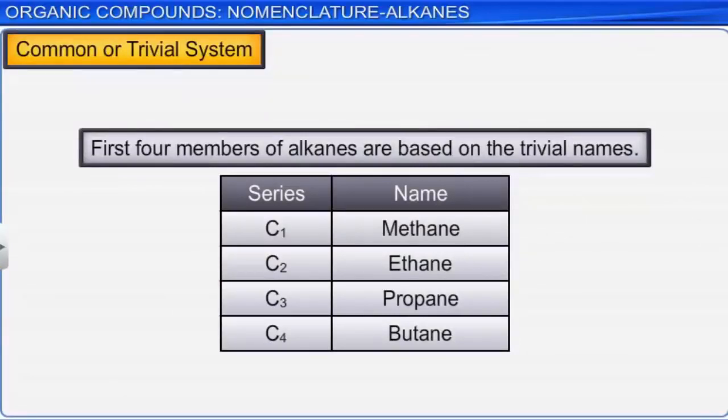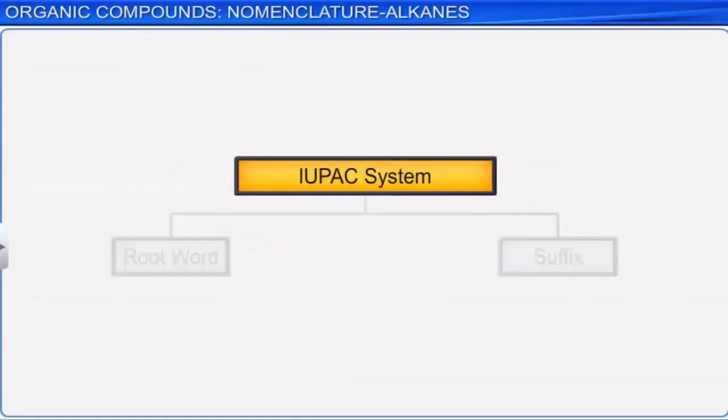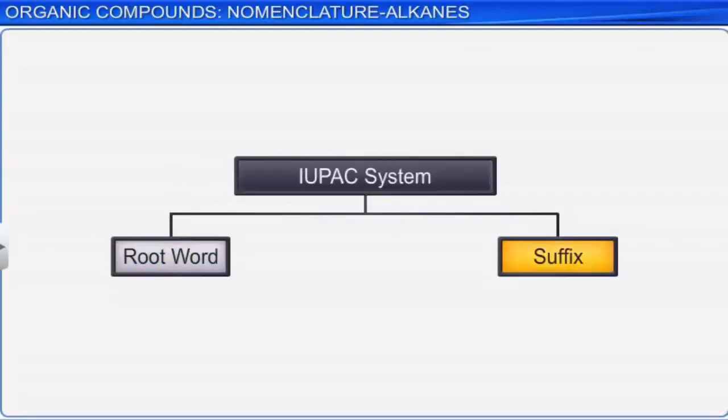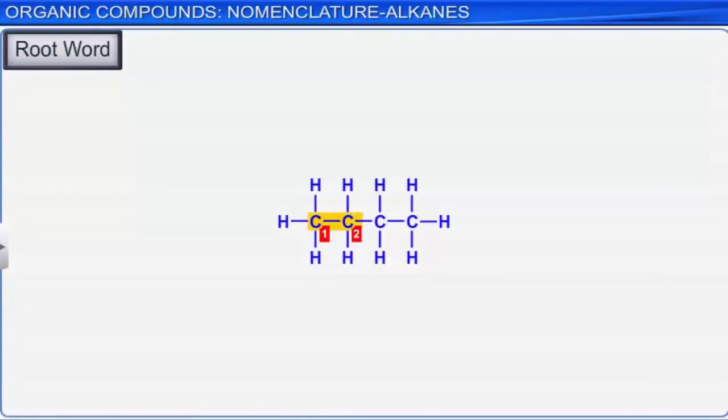They are methane, ethane, propane and butane. The IUPAC name of an alkane basically consists of two parts, the root word and the suffix. A root word indicates the length of the continuous selected carbon chain.